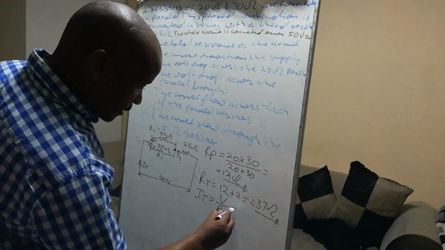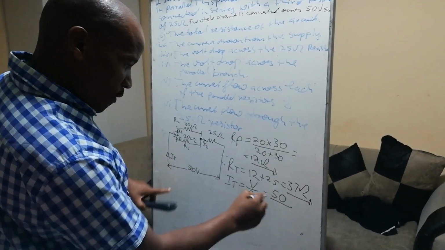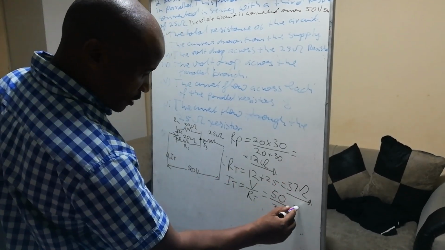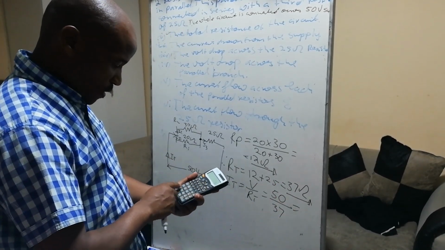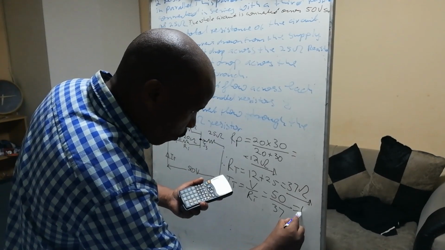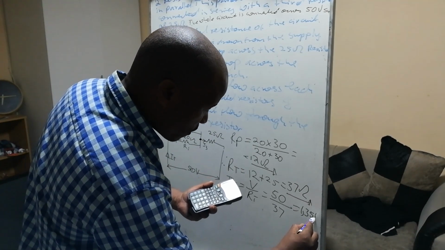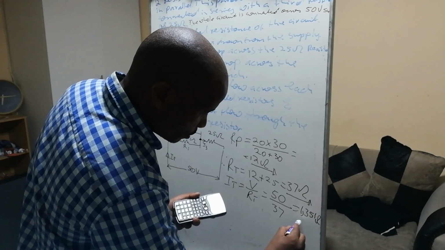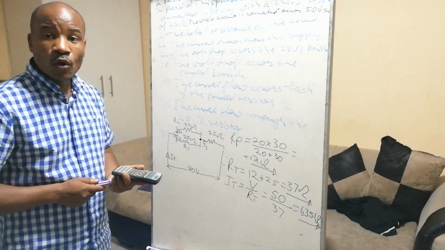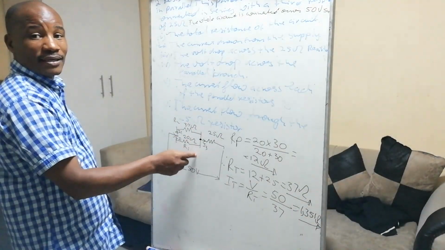It is equal to 50 over 37, which is equal to 1,351 amps. This is the total current of this particular circuit.